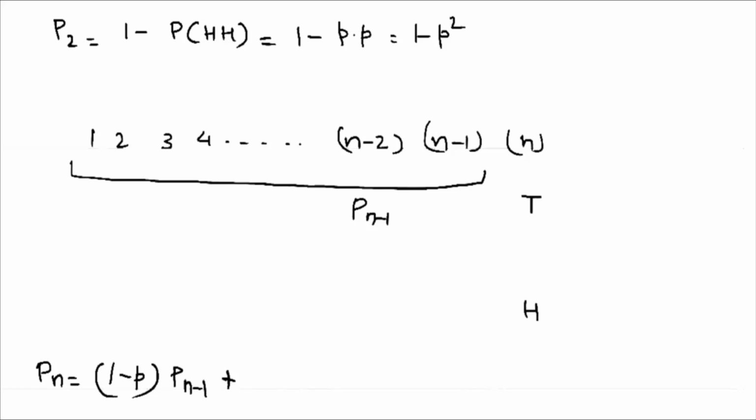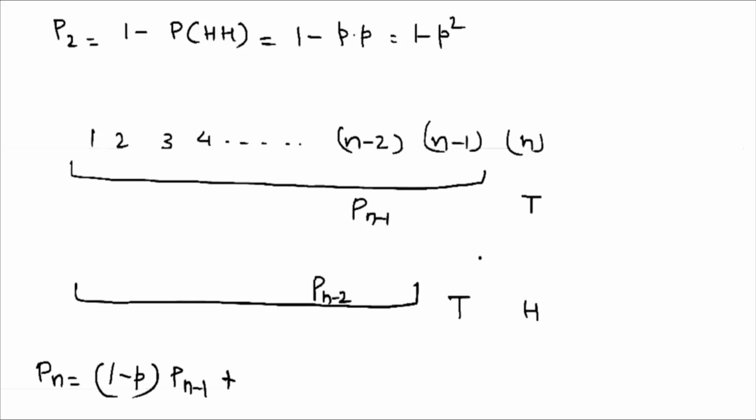So if we get heads in the nth draw, then we need to make sure that we do not get head in the n minus 1th draw. That is, we must get a tails in the n minus 1th draw. Also, we need to make sure that till n minus 2 draws, we don't get two or more consecutive heads. And that probability will be equal to Pn minus 2.